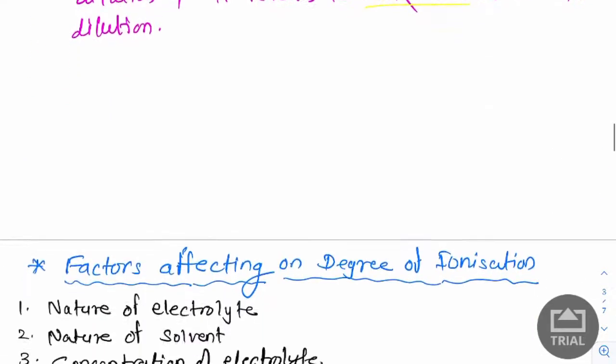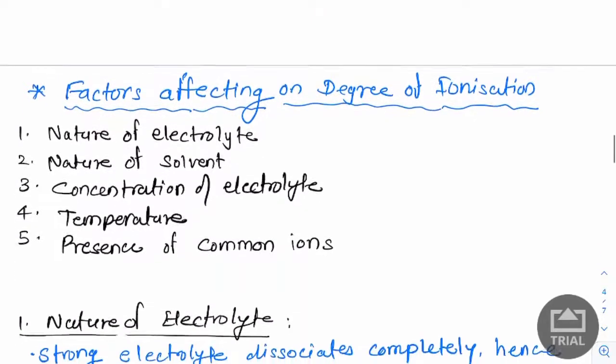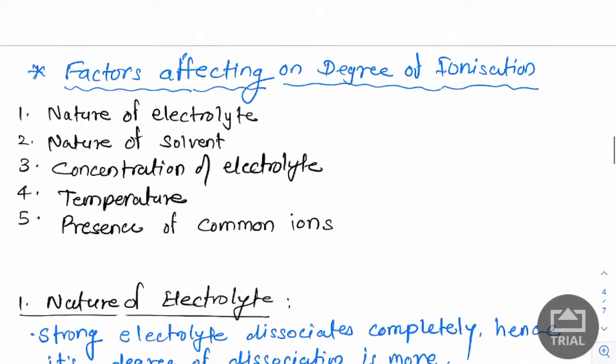The second aspect of this topic is the factors affecting the degree of ionization. There are five factors which affect the ionization or dissociation of a salt. The first factor is the nature of the electrolyte, whether it is a strong or a weak electrolyte.